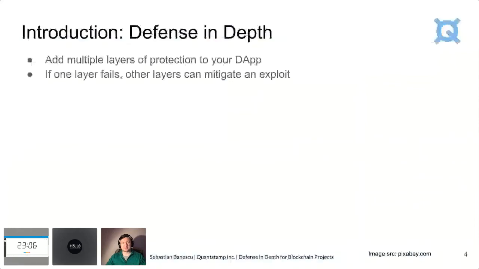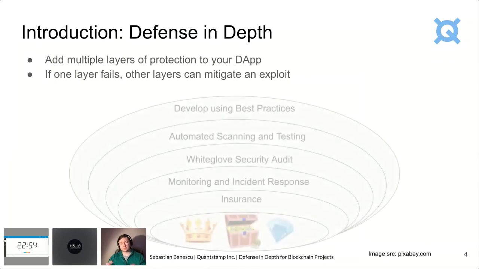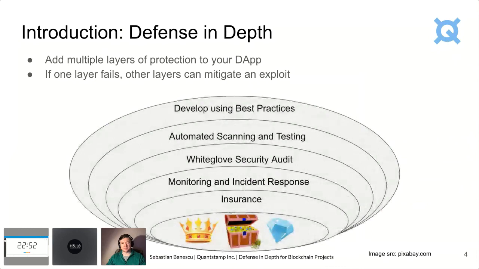That's the defense in depth topic, where you basically try to add multiple layers of protection such that if one layer fails, then the other layers are there to mitigate the impact of the exploit. And it looks more like an onion, right? At the base of the onion, at the bottom, you have your crown jewels, your assets, everything that is important to you, and you basically add multiple layers in order to protect them.